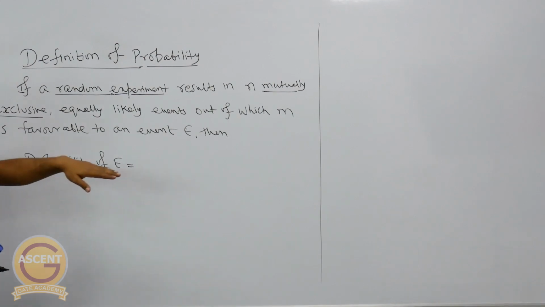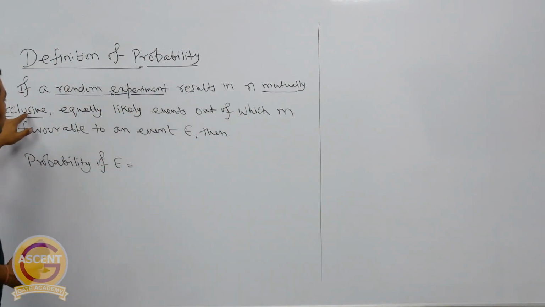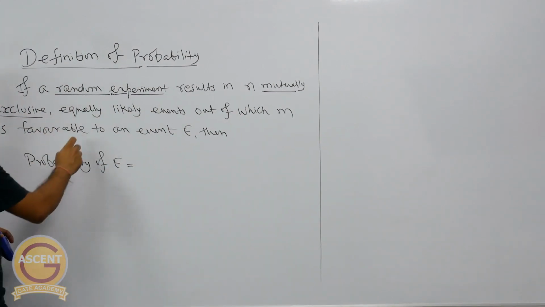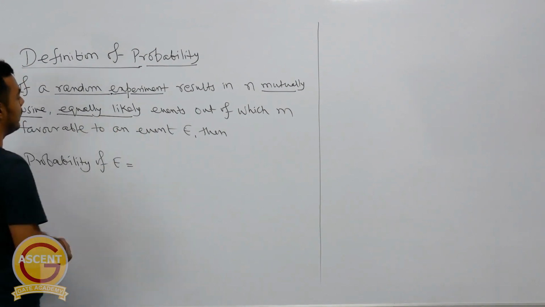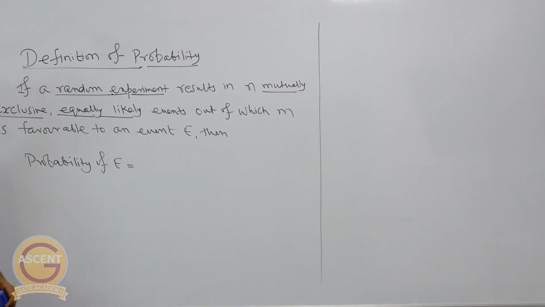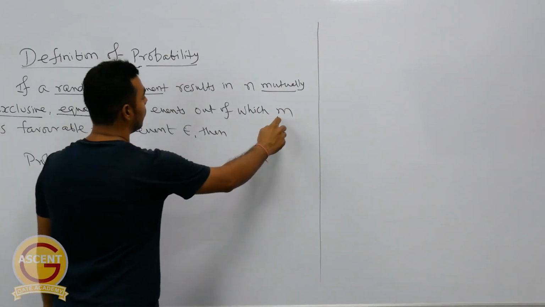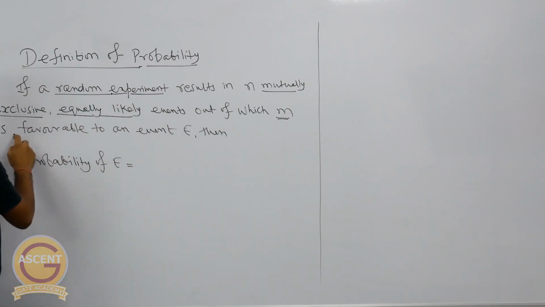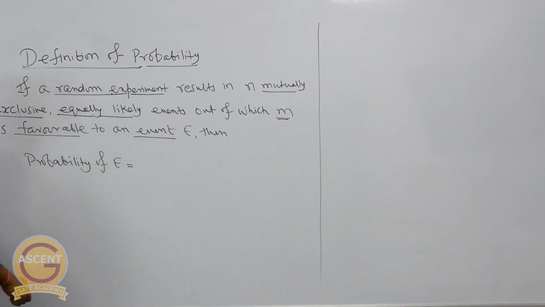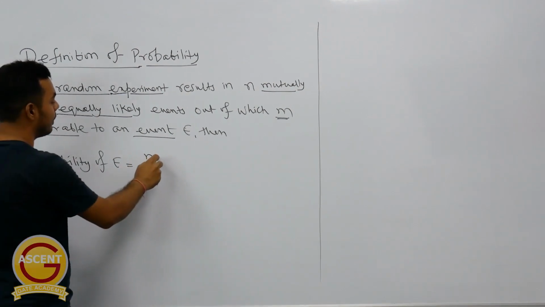So if a random experiment results in n mutually exclusive, equally likely events, meaning the chances of all the events are the same, then those events are called equally likely events. If out of these, m are favorable to an event E, then the probability of this event E will be simply m by n.